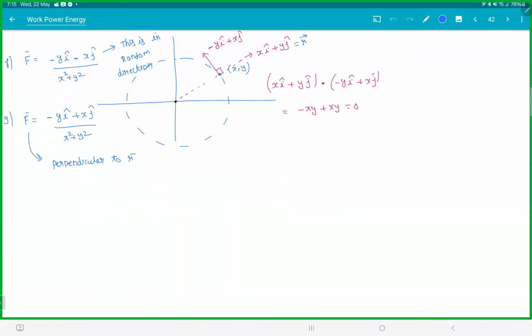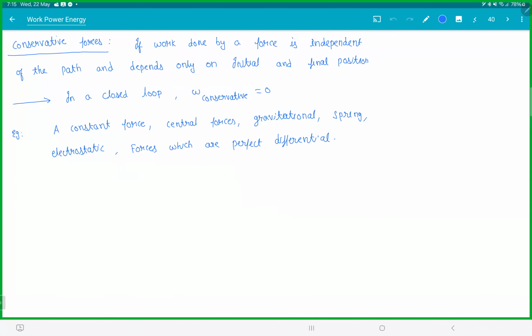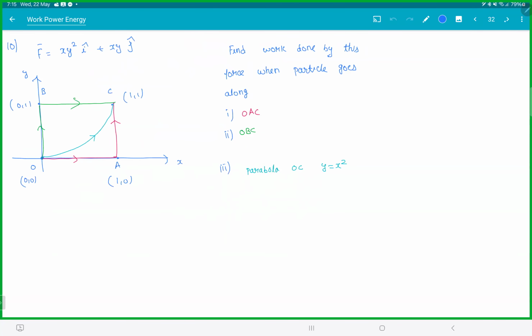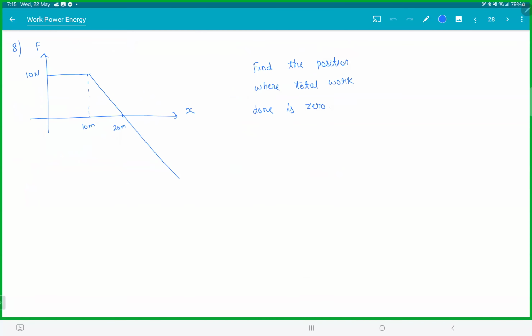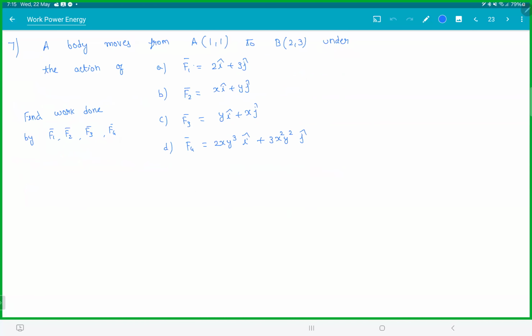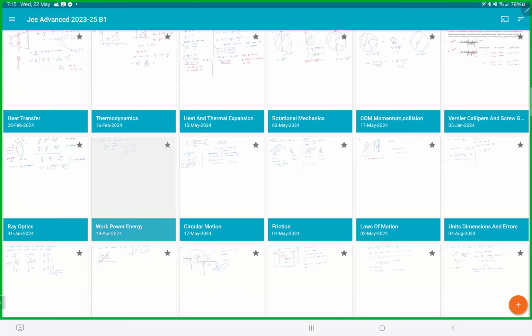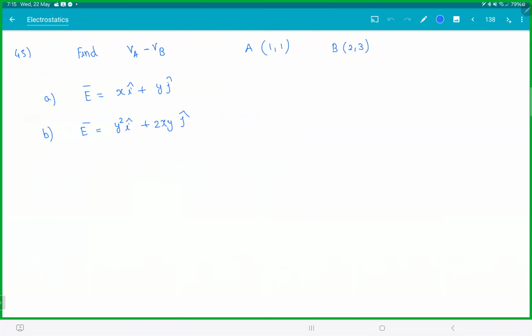Here. No, not this one. This one. Remember the question? Find the work done by the force when the forces are like this. These functions are called what? There's a name for them. Perfect differentials. Conservative. Yes, sir, got it.